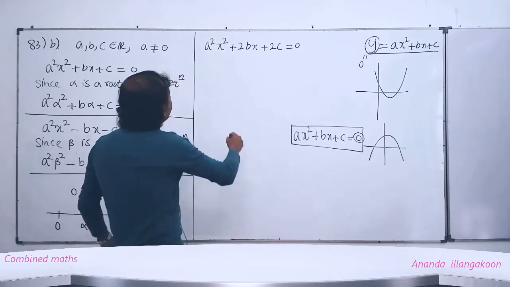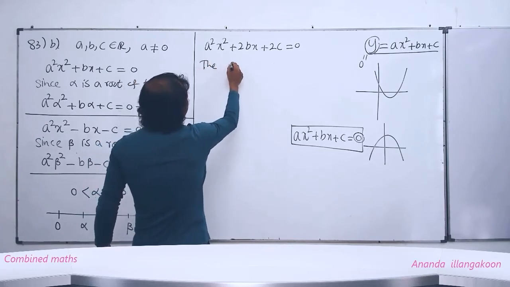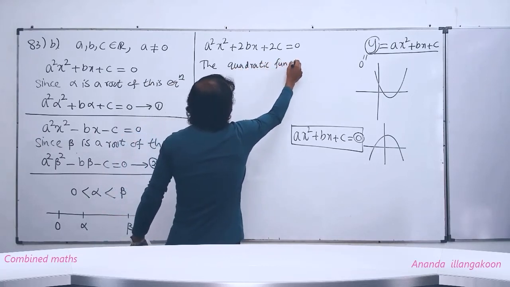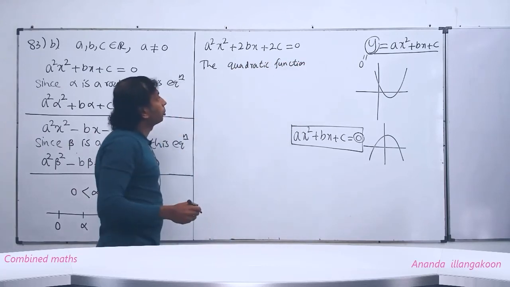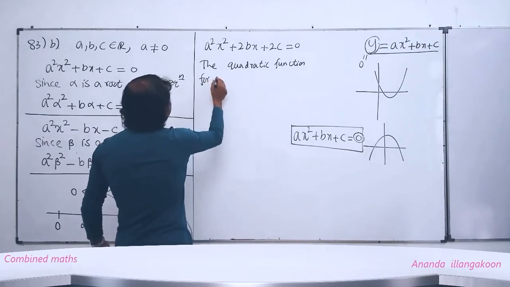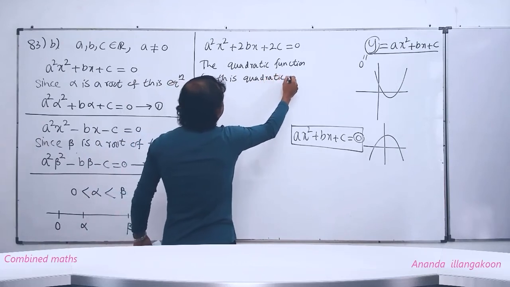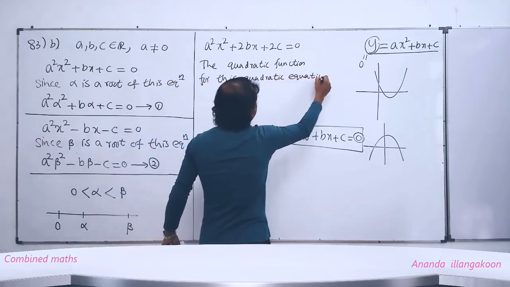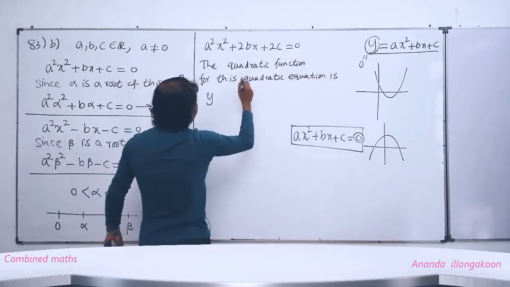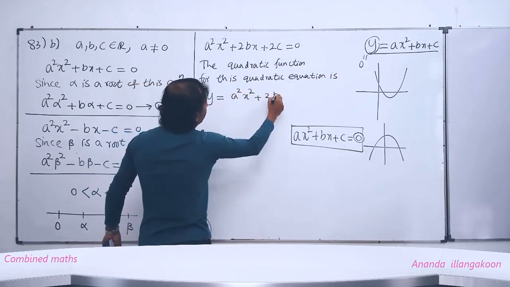Now write down the quadratic function for this quadratic equation is, substitute for this 0, y equals a squared x squared plus 2bx plus 2c.